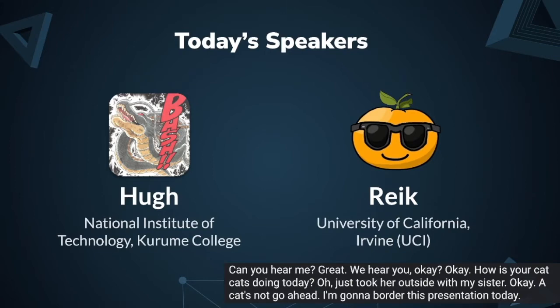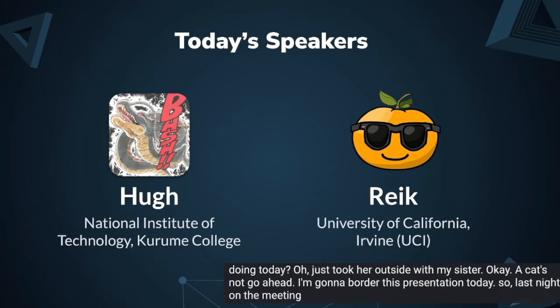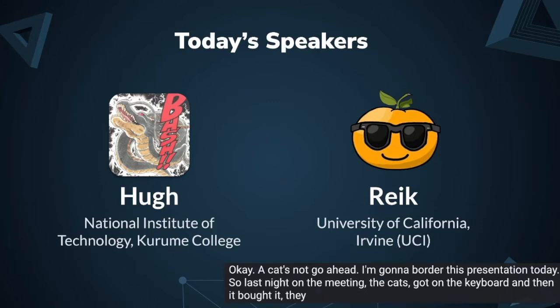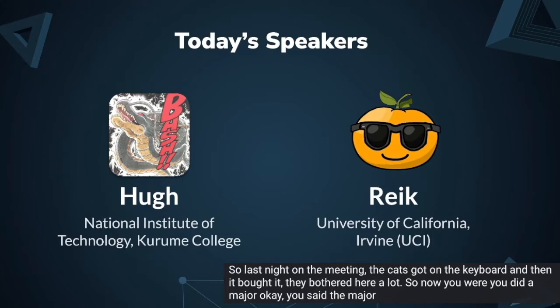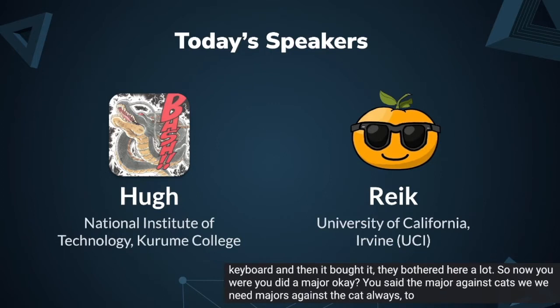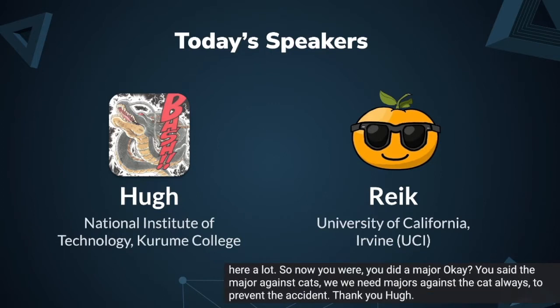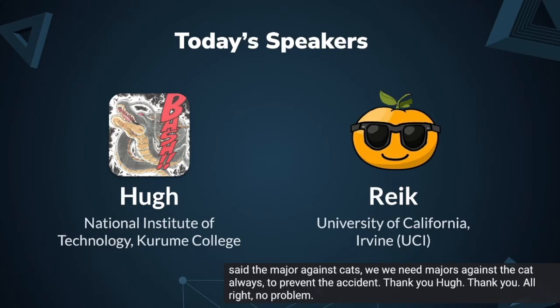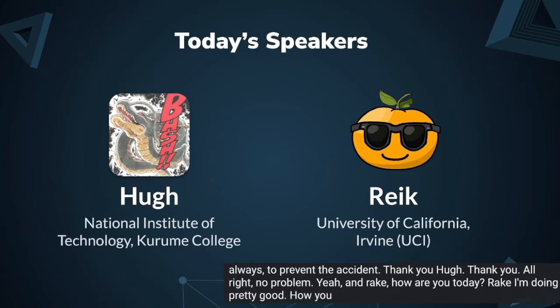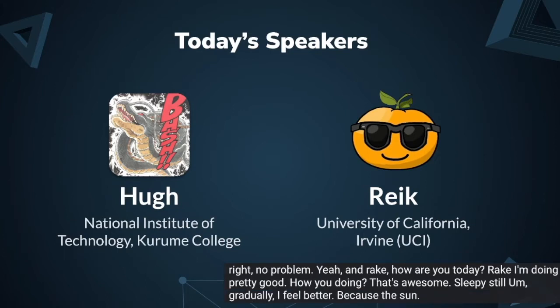So last night in the meeting, the cats got on the keyboard, and then they bothered Hugh a lot. So now you took a measure. Okay, you set a measure against cats. We need measures against the cat always to prevent the accident. Thank you, Hugh. Good. Yep. All right. No problem. Yep. And Reik, how are you today, Reik? I'm doing pretty good. How are you doing? That's awesome. Feeling sleepy still? Gradually I feel better because the sun, I can see the sun now.